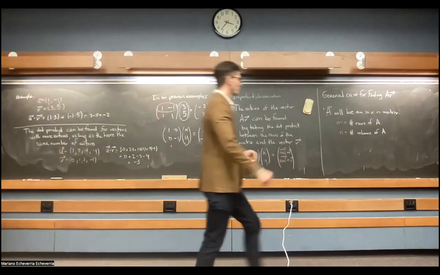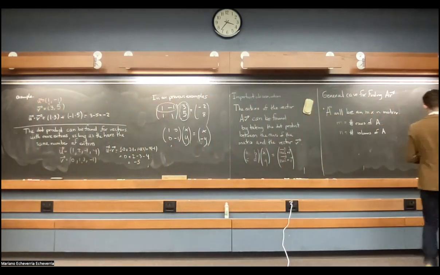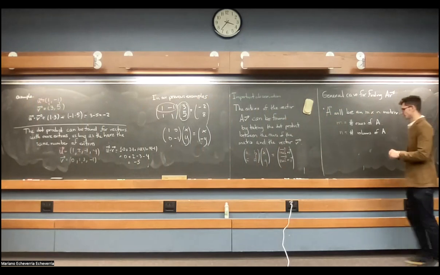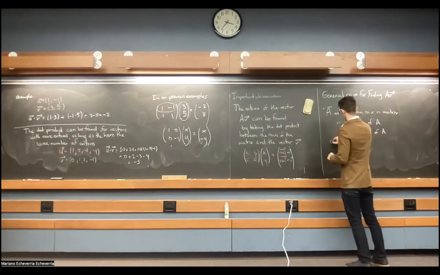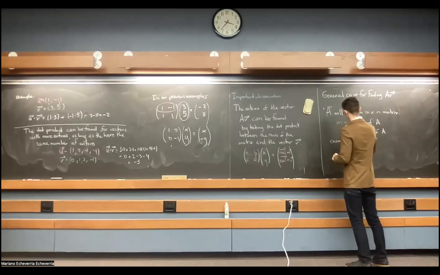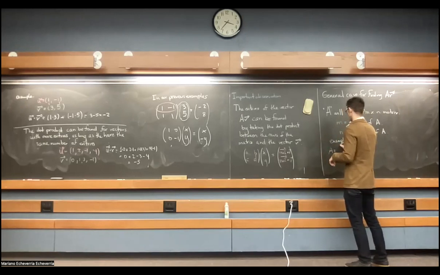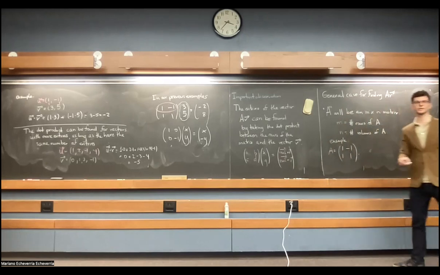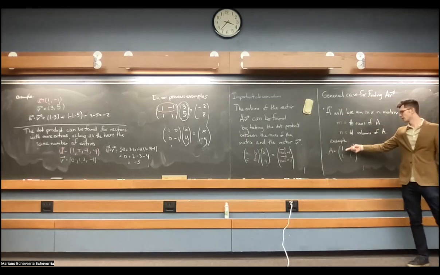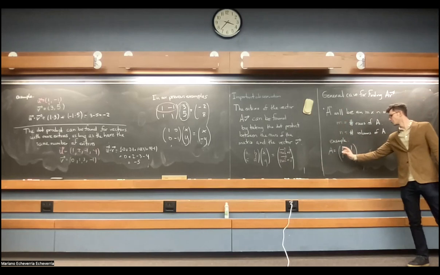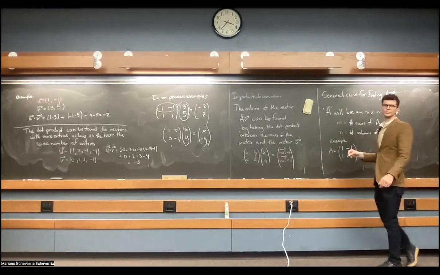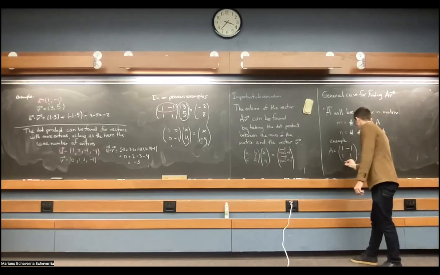So for example, if I write this matrix, it has two rows, right? One row, second row, two columns, first column, second column. So this would be a 2 by 2 matrix.